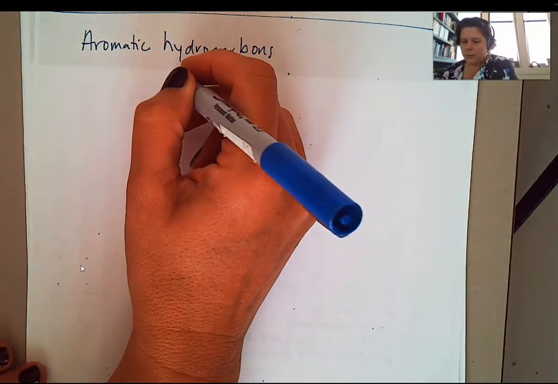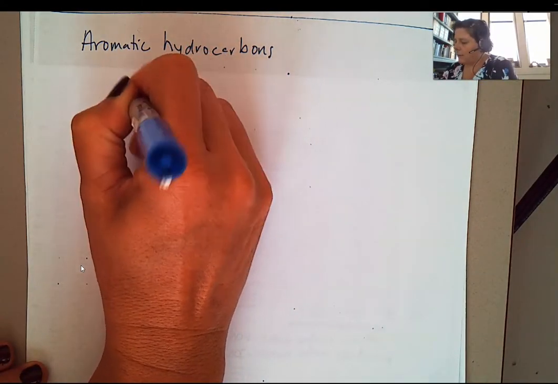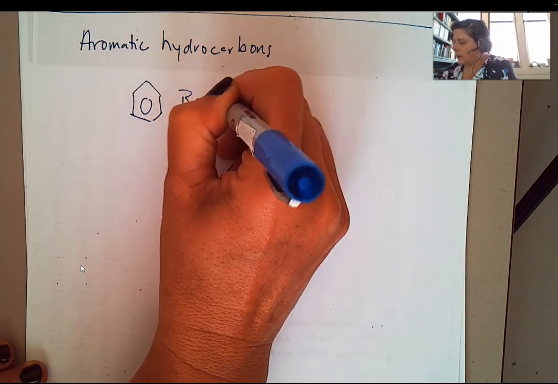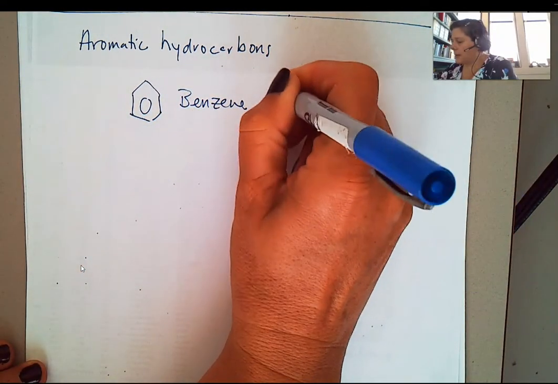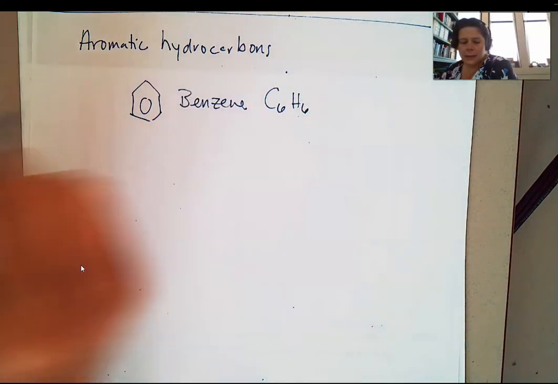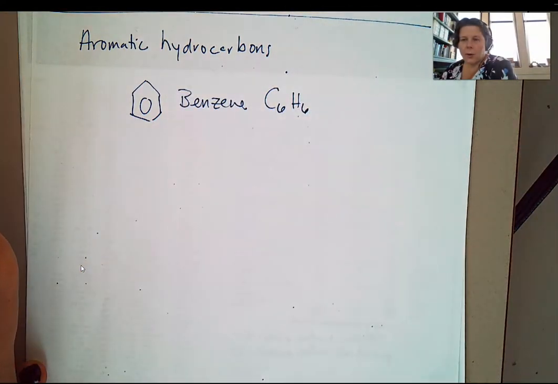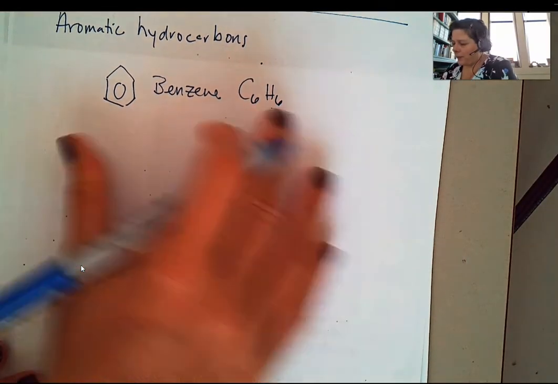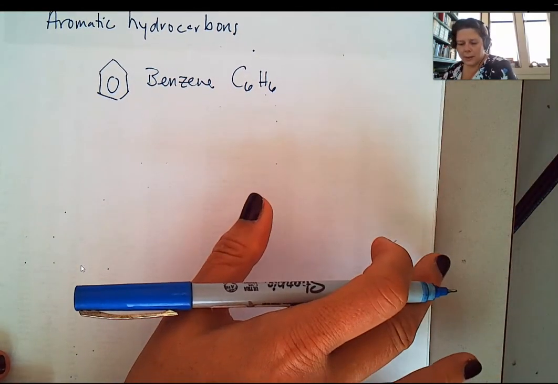Our big one is benzene, which we've already talked about. Benzene is C6H6. It is our poster child for all aromatic compounds. Now we do have some other aromatic compounds.